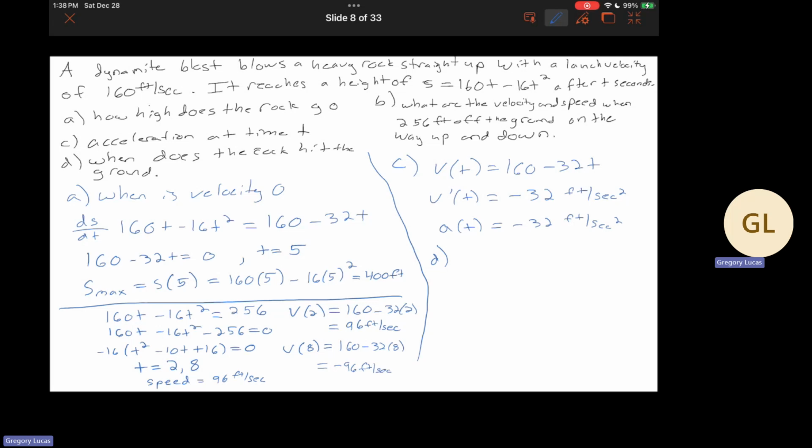Same steps as when we found velocity equals 0. We want displacement equals 0 because we want to find the time at which it hits the ground. So let's look at our displacement again, which was 160t minus 16t squared. We're going to set it equal to 0.